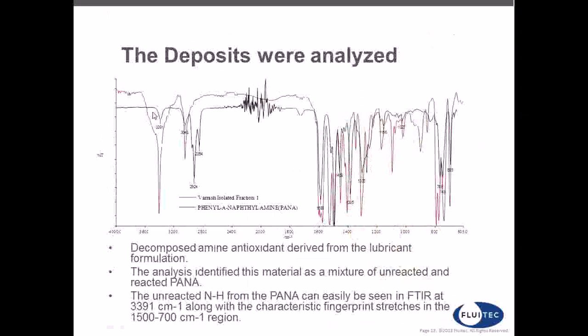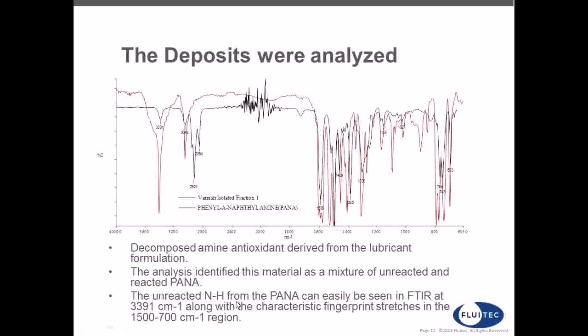In this case, this is one of the varnish fractions, and we overlaid a new amine antioxidant on top of this. You can see in many cases there's an overlap and a matching of some of the degradation components in the deposit versus the new amine antioxidant. This particular amine antioxidant is called a phenyl naphthylamine, and you can see there's a fairly close overlap here.